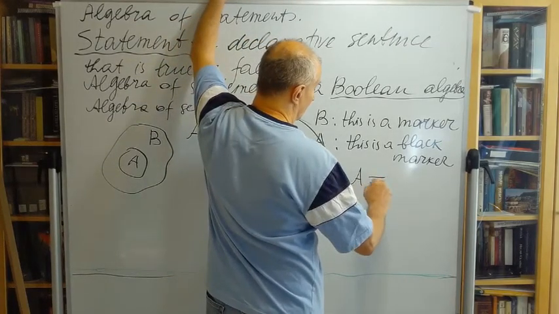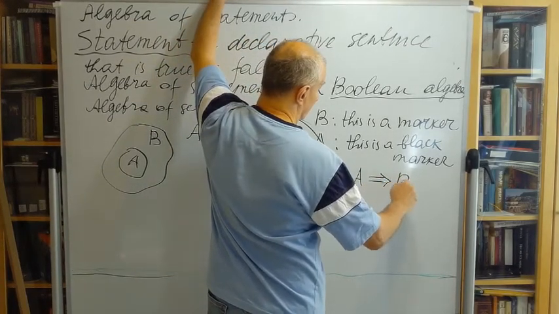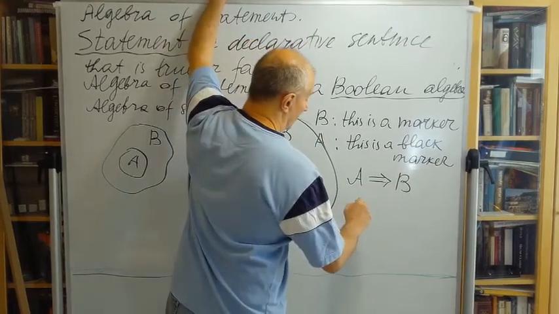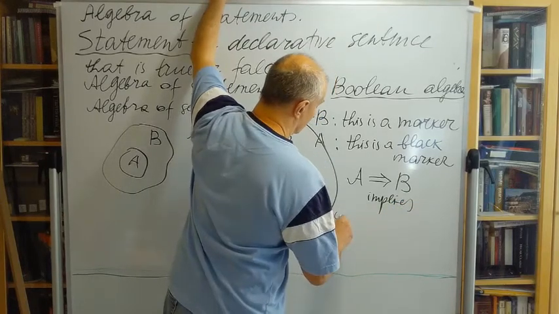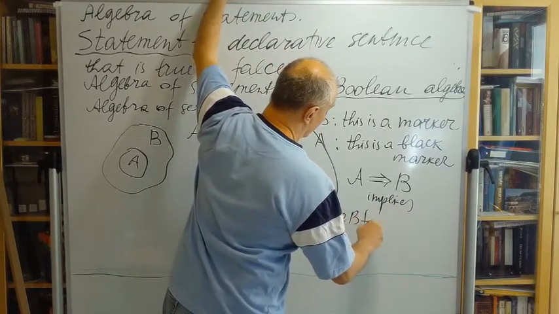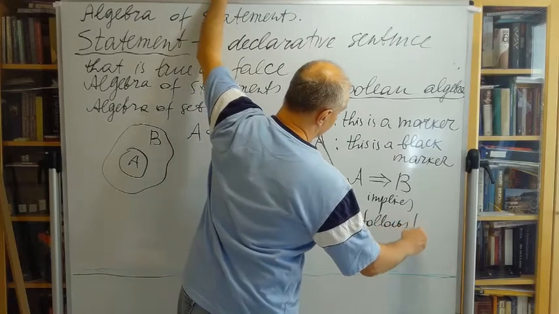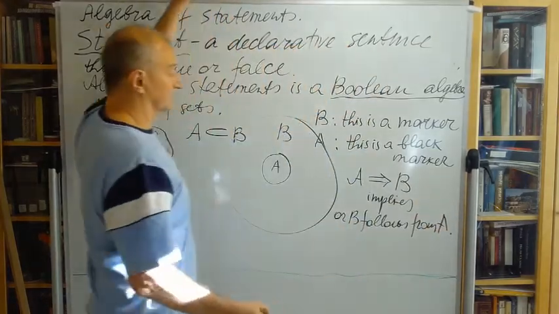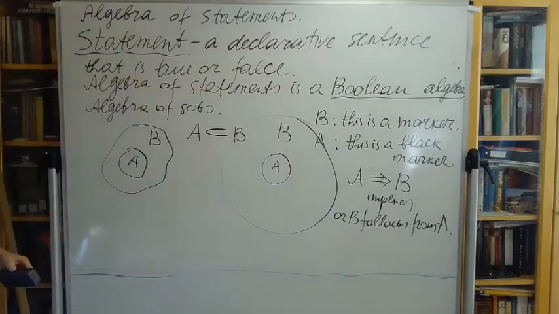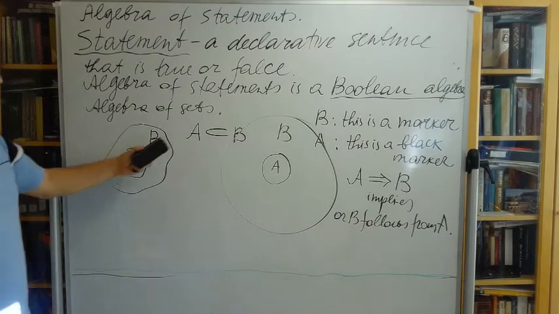A implies B, or B follows from A. So this is an example of following, as a set is a subset of another.